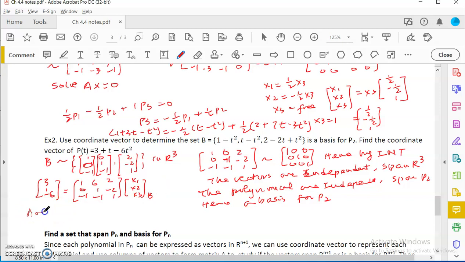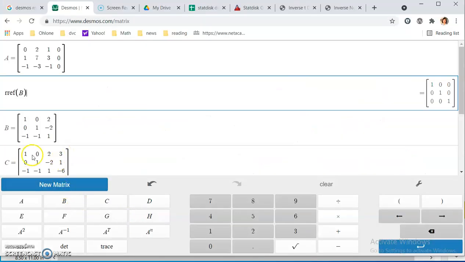So use the augmented matrix of that with 3, 1, negative 6, and RREF it.